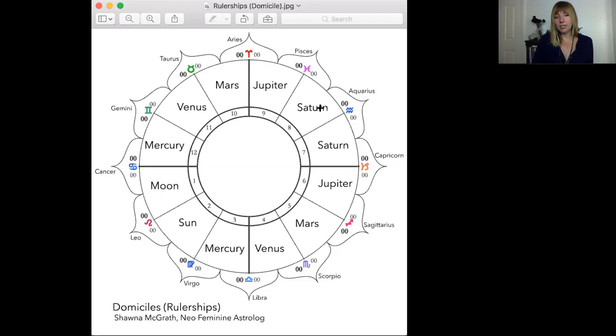Versus if the sun is, let's say, in Libra, down here, there's different things to think about. So the sun is not only going to take on symbolic qualities of Libra, which is about relationships, partnerships, looking to the other in order to define oneself. But the sun is also going to depend on Venus, because Venus rules Libra, in order to express, in order to do its job, in order to have self-definition, which is the sun's job.